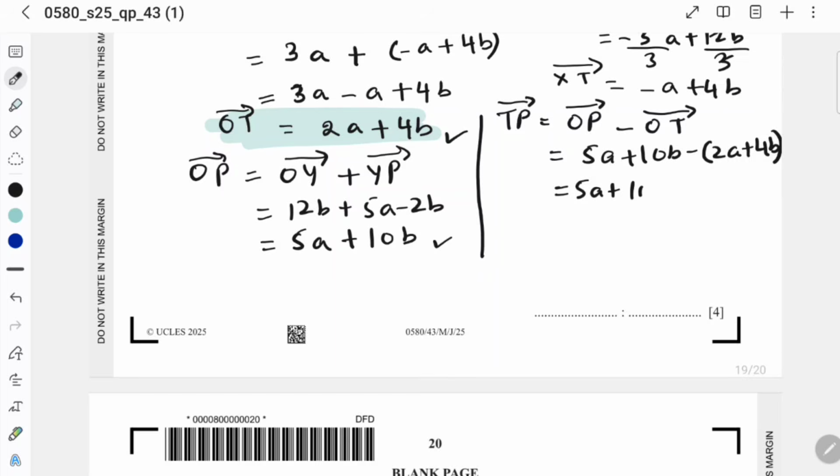Now combine: minus 2a minus 4b. 5a you combine with 2a, that is 3a, and 10b and 4b you combine, that is plus 6b. Now we have both of them, OT and TP.